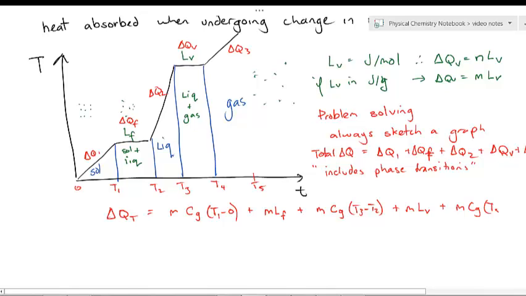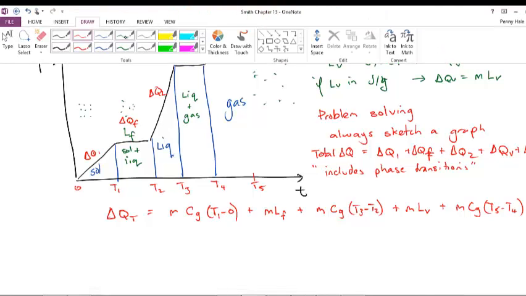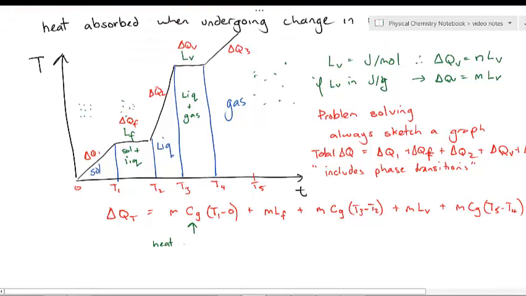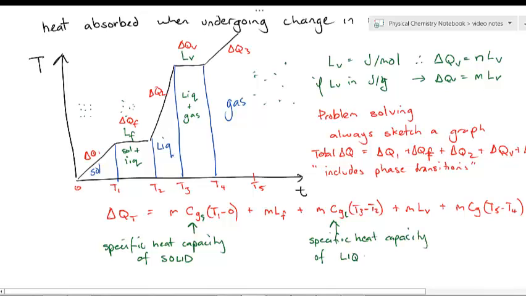One thing to note is that the specific heat capacity is different for different phases. So the specific heat capacity in the first temperature change is the heat capacity of the solid. In the second temperature change, it's the specific heat capacity of the liquid, which is different again. And finally, you use the specific heat capacity of the gas.